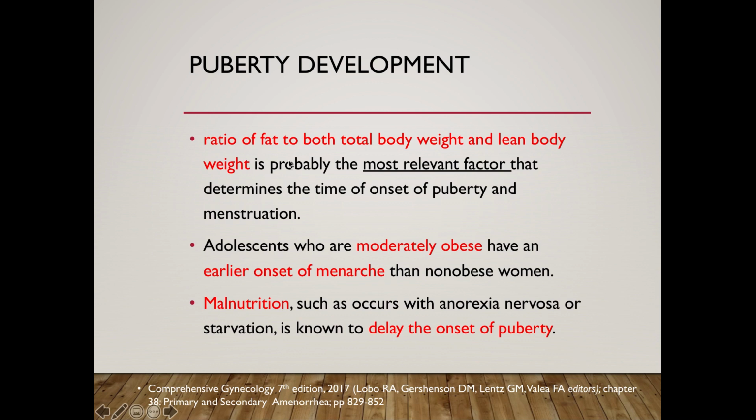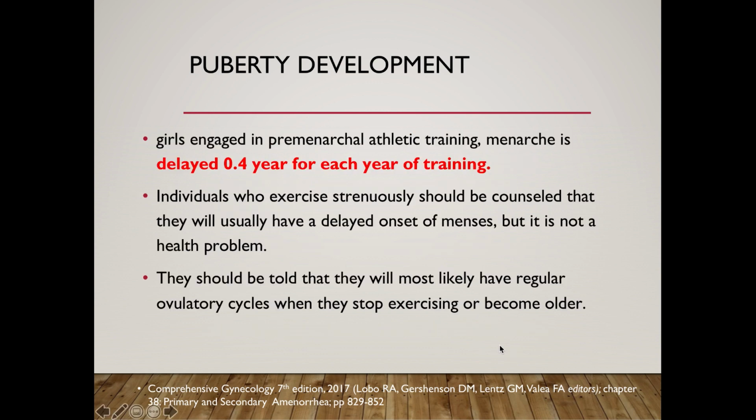The ratio of fat to both total body weight and lean body weight is probably the most relevant factor that determines the time of onset of puberty and menstruation. Adolescents who are moderately obese have an earlier onset of menarche than non-obese adolescents. In contrast, adolescents who are malnourished, such as those with anorexia nervosa or starvation, have delayed onset of puberty.